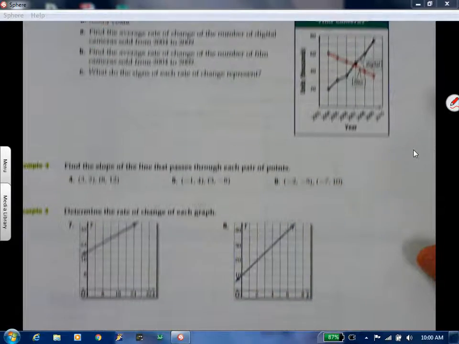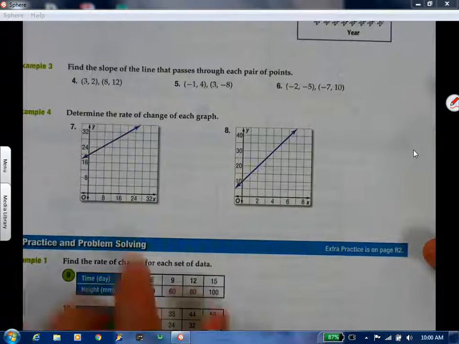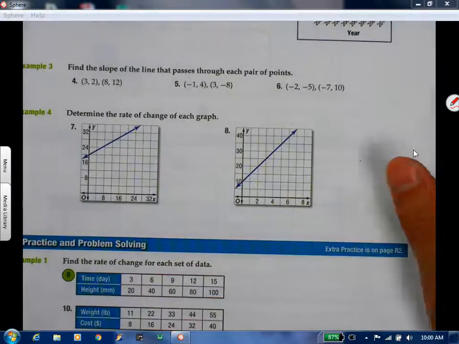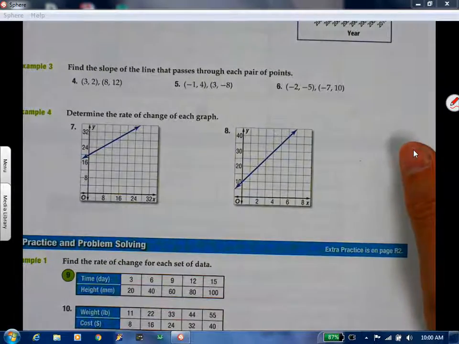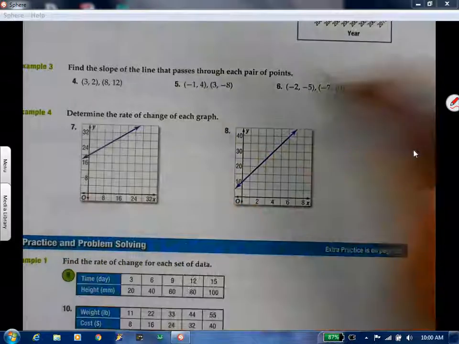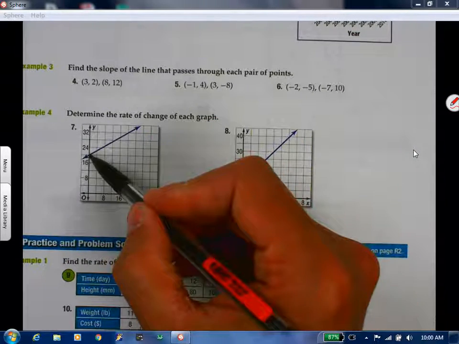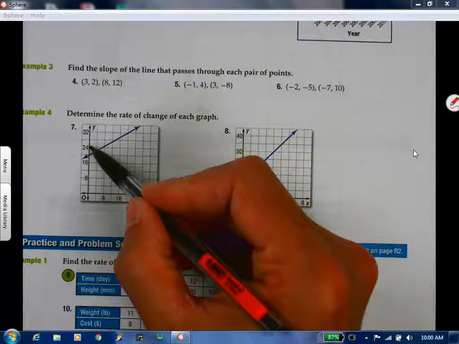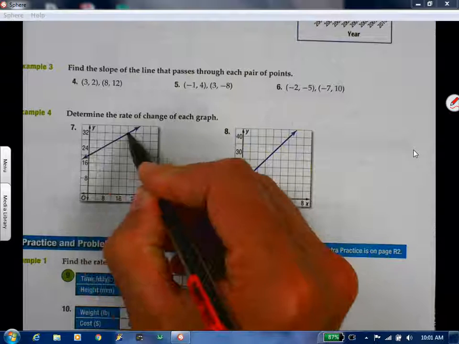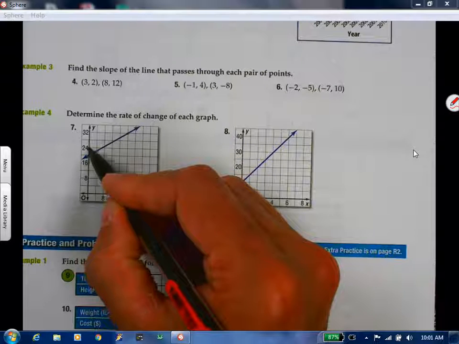When they give you a graph, can you just count the squares and go off the squares? Okay. Be careful. So sometimes you can, sometimes you can't. So like on this one, you see how it goes up. You want a point right there. How many does it go up with 2 points? That's 3.